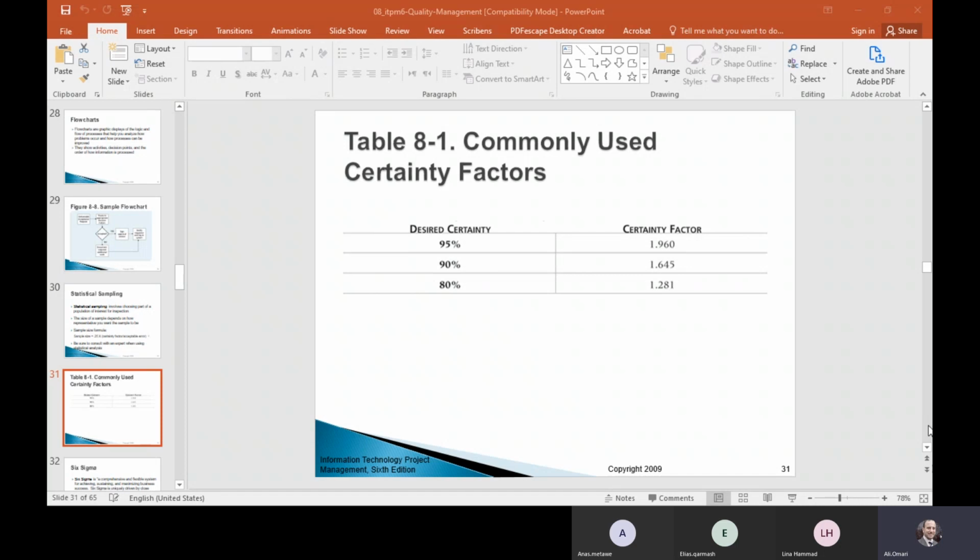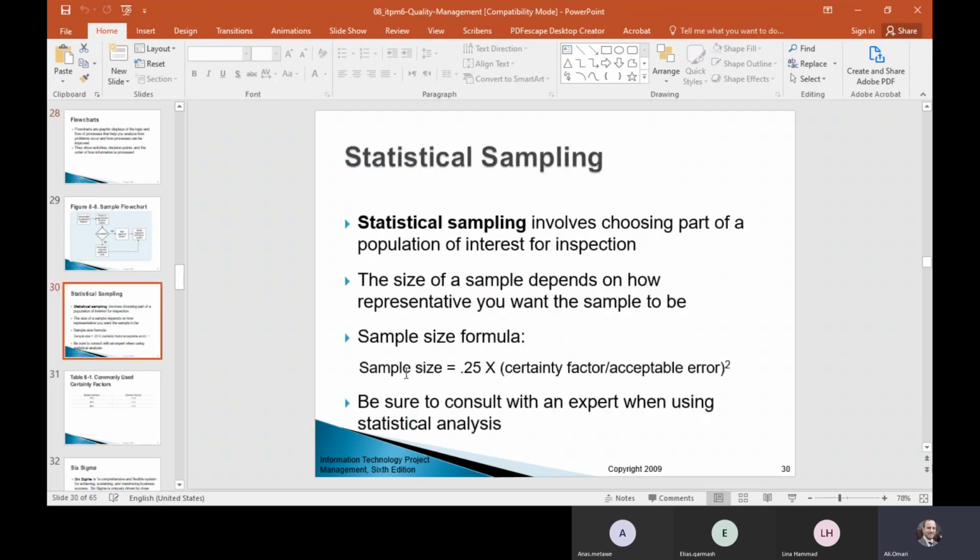If I accept 95% certainty that the sample invoices would contain no variation of the whole population, I can calculate based on the equation that is shown in this slide, which is sample size equals 0.25 times certainty factor over acceptable error, squared.